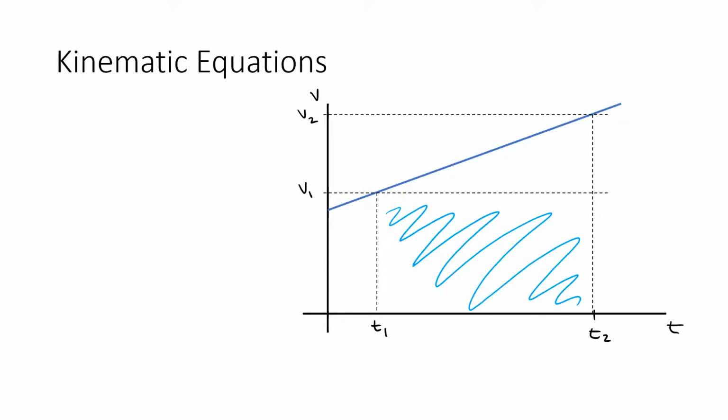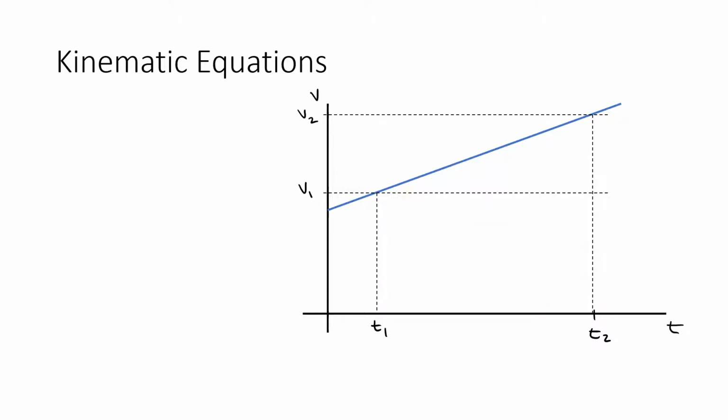And now I need to be more specific. I'll write it out. So we have final velocity and initial velocity. So this whole length right here is delta V. That's how much the object has changed its velocity.